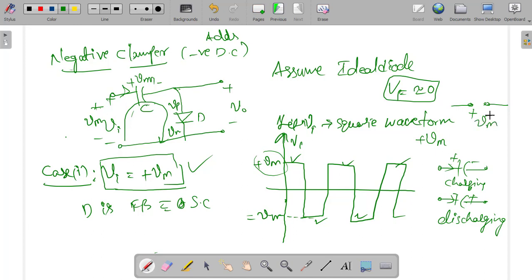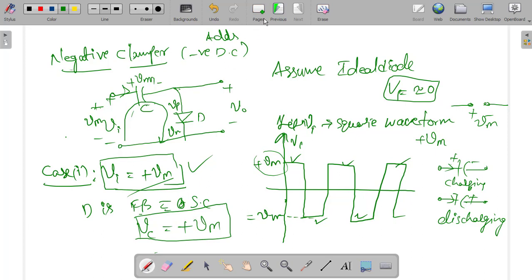So whenever the diode is forward biased, the capacitor will charge through the diode, and the voltage it charges to equals the maximum Vi, which is plus Vm. Whenever it charges fully, the capacitor acts as an open circuit.